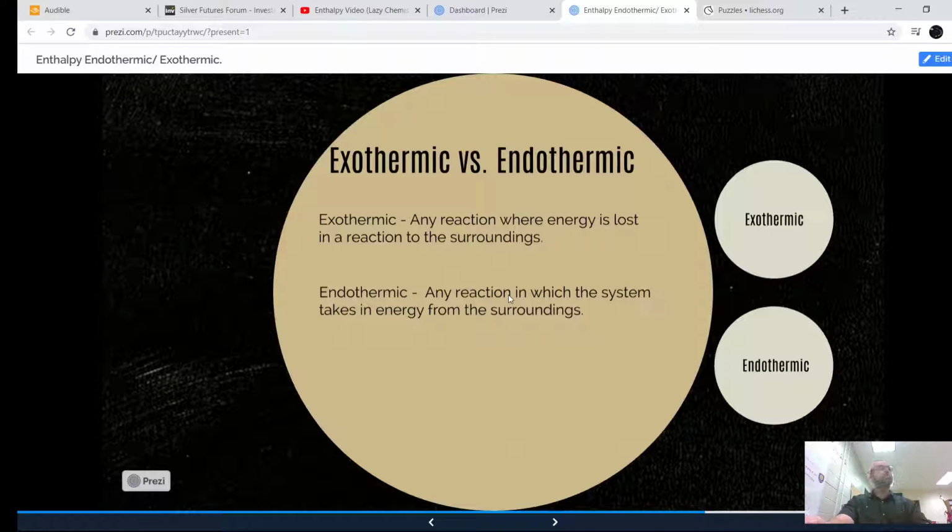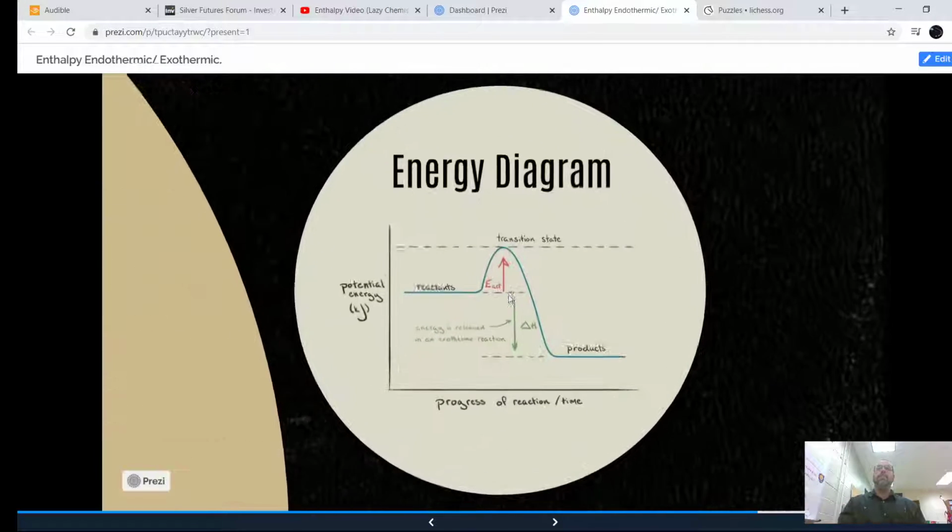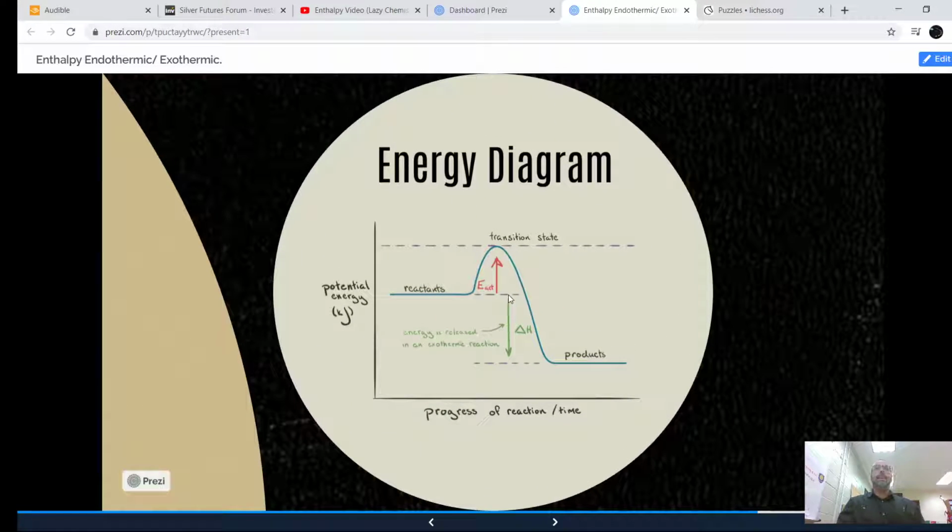Okay. Next, we want to talk about exothermic and endothermic graphs. In an exothermic or endothermic reaction, what I want you to note is that in any of these, we're always going to have a left side that has potential energy, okay?